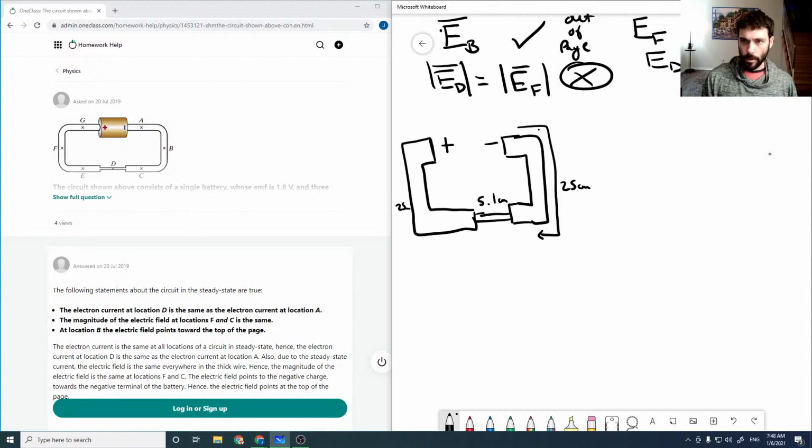Okay, we know the electric fields, but we don't necessarily know the voltage drops, but we have three pieces here.